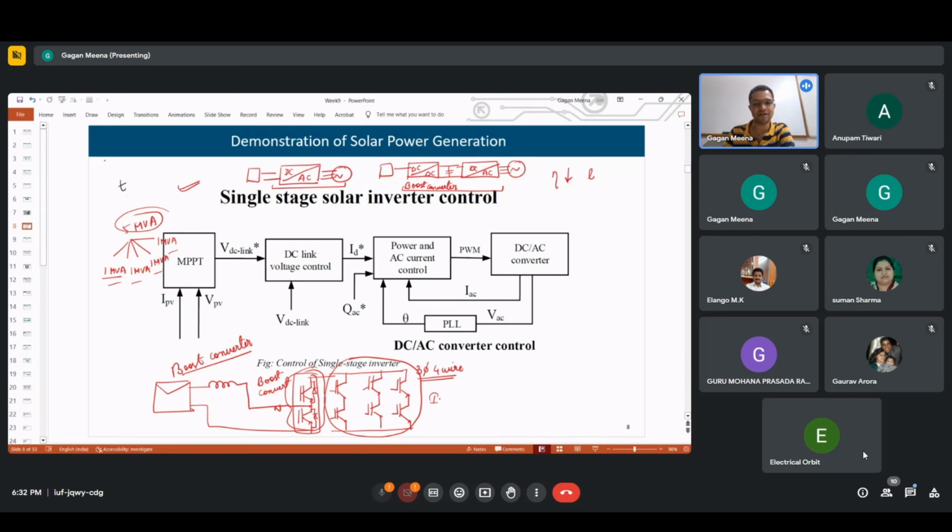Both the rotor and stator are fed. It is doubly fed, so the rotor can also receive power. There is bidirectional power flow in the rotor, and in the stator only in one direction.